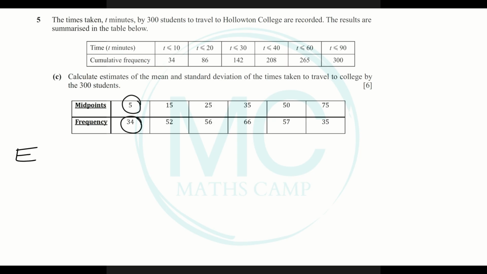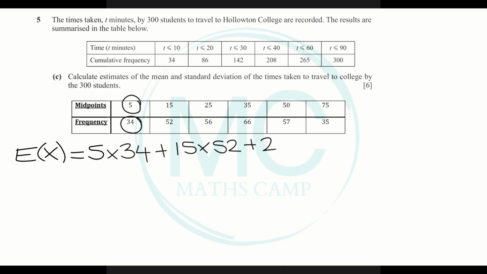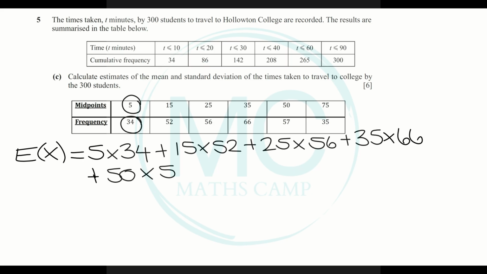So I can say the estimated mean is equal to 5 multiplied by 34 plus 15 multiplied by 52 plus 25 multiplied by 56 plus 35 multiplied by 66 plus 50 multiplied by 57 plus 75 multiplied by 35.